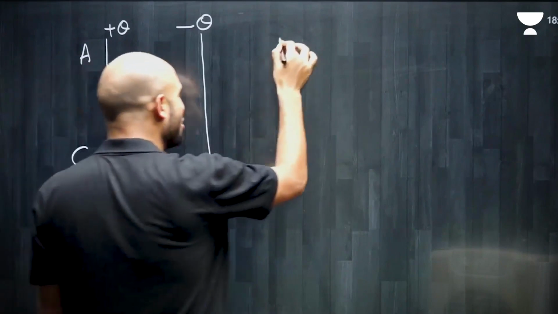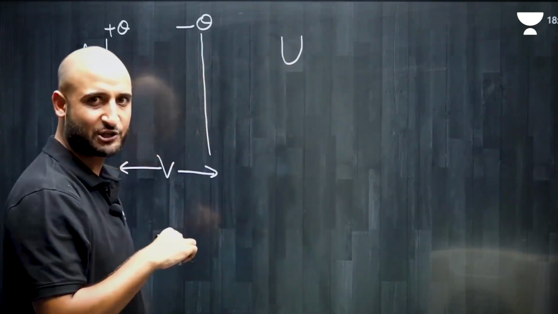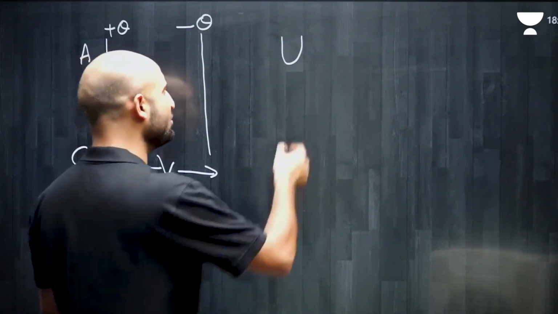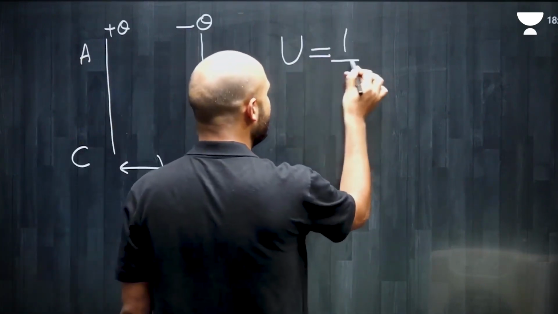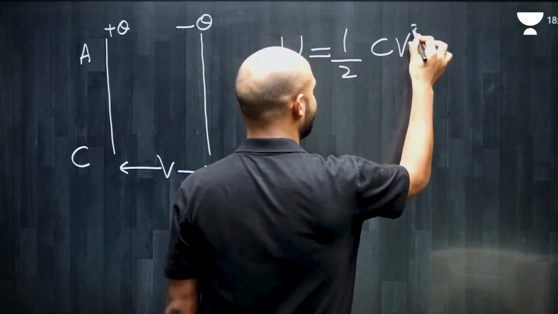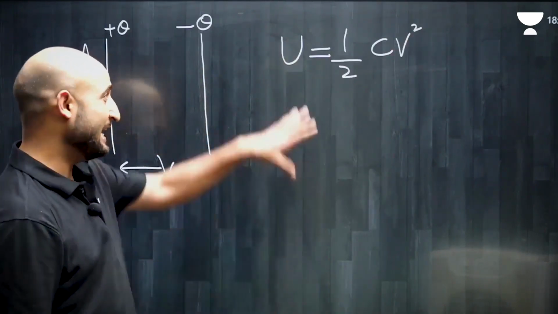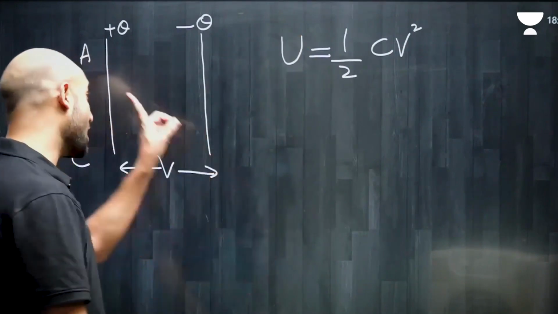The energy stored by this capacitor, I have actually 3 formulas here, but I will use U is equal to 1 by 2 CV squared. That's the energy stored by the capacitor. Let me talk about one more thing here.